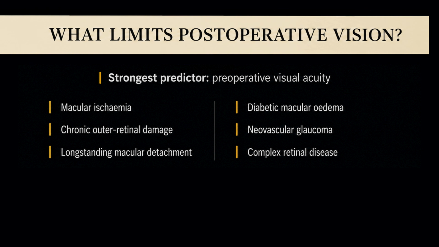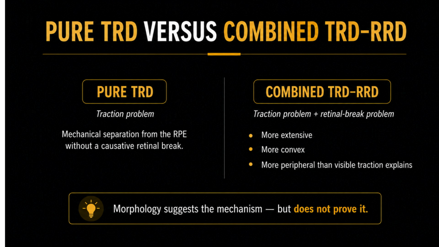Also, visual recovery may still be limited by macular ischemia, chronic outer retinal damage, long-standing macular detachment, diabetic macular edema, neovascular glaucoma, or complex retinal disease. Chronicity also can worsen the prognosis, but it is not an automatic contraindication to surgery. Combined TRD and RRD is more complex, but again, it's not a hopeless case.